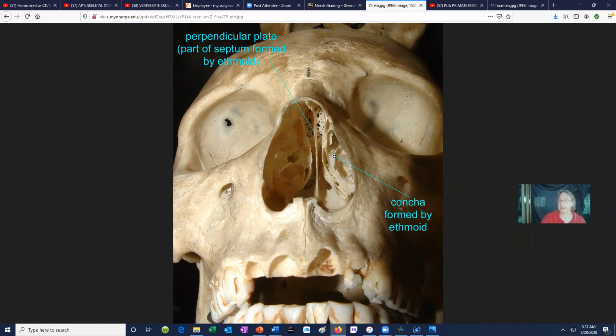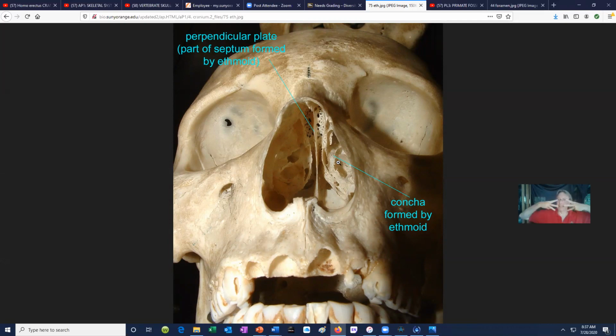Also notice that the ethmoid has these conchae, these plates which stick out into the nasal cavity. When we inhale, we don't necessarily want this air to go straight to our lungs because it might be cold and dry. It might have dust or germs or diesel particles.